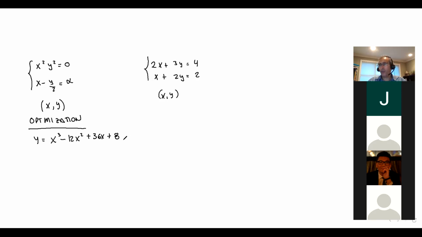Okay, I want from you guys to do the graph, then find maximums and minimums of this function in the interval -1 and 9.